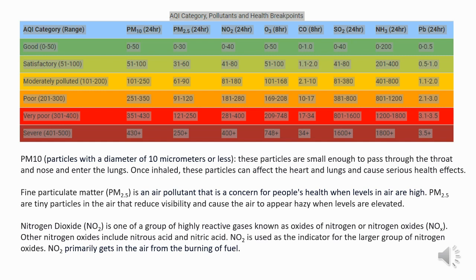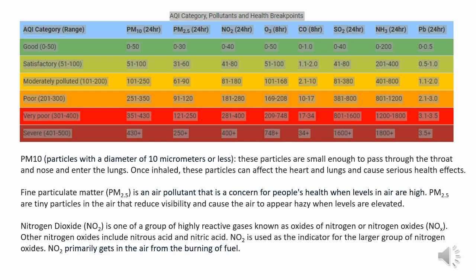Basically we have PM10, PM2.5, NO2, O3, CO, SO2, NH3, and Pb. So 1, 2, 3, 4, 5, 6, 7, 8 components are responsible for the air pollution criteria. So let's see what those are.